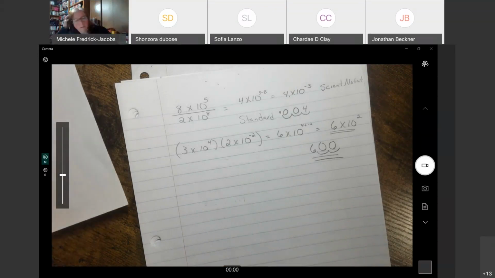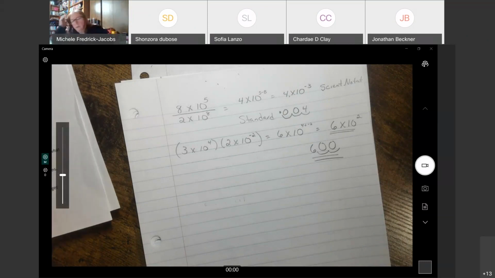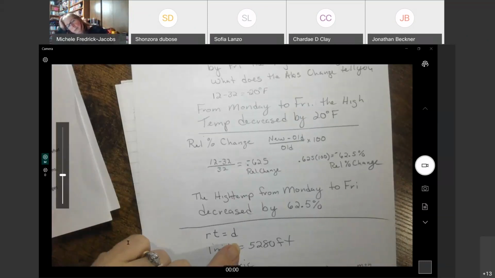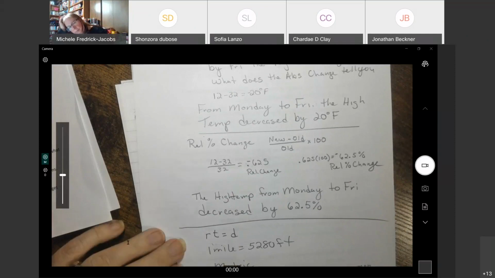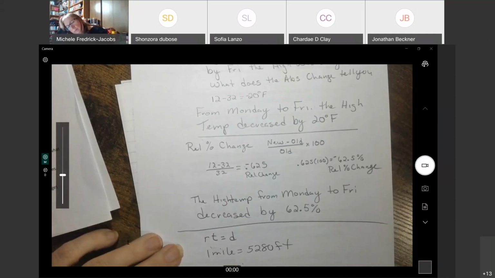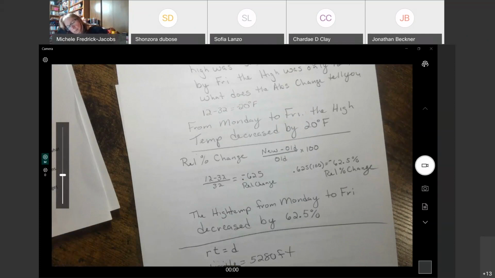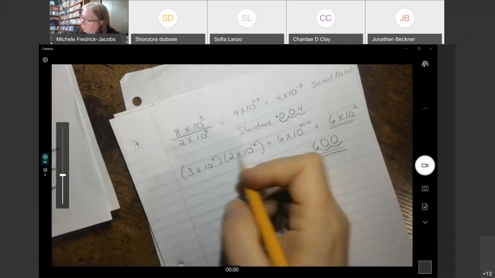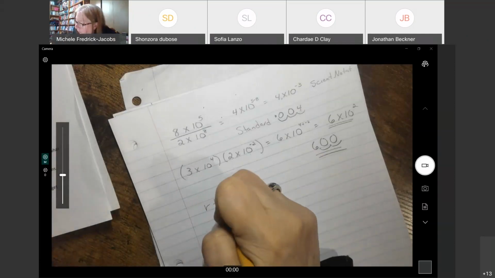Is everyone all right using the rate times time as distance formula? Could we go over that one real quick too? Mm-hmm. Thank you. Rate times time equals distance.